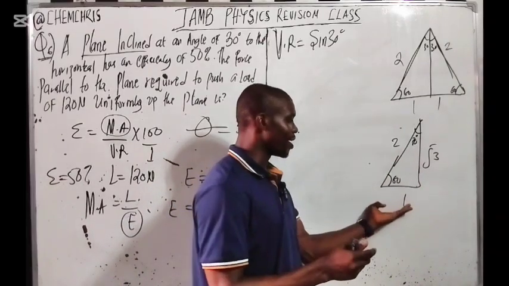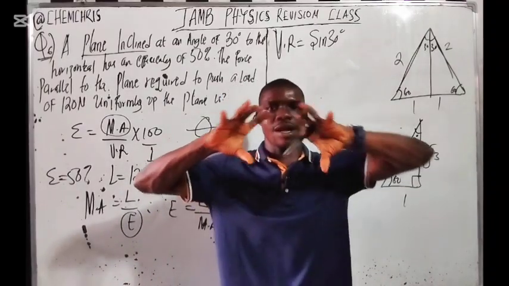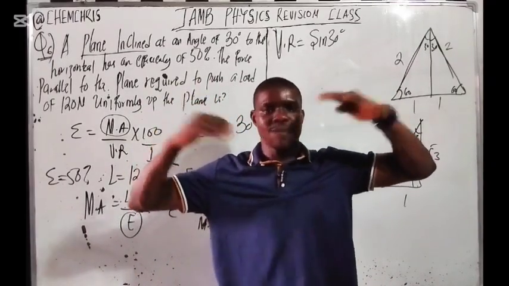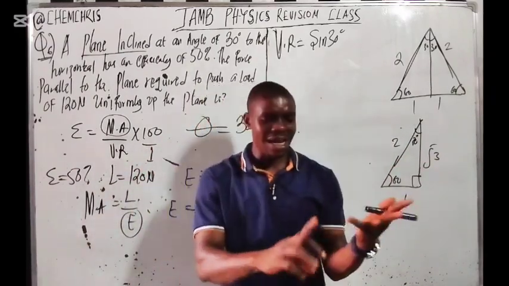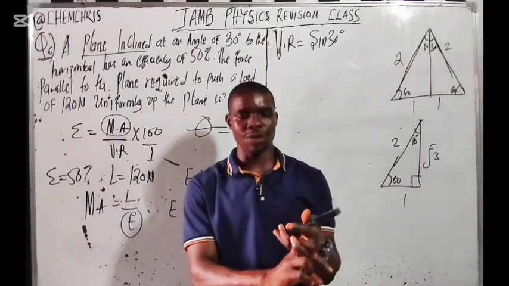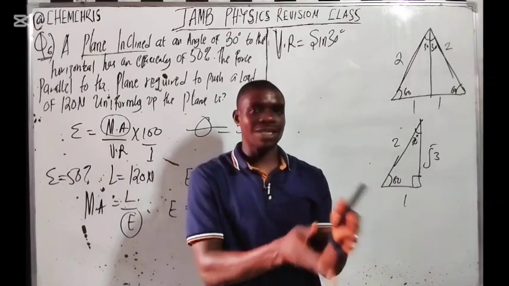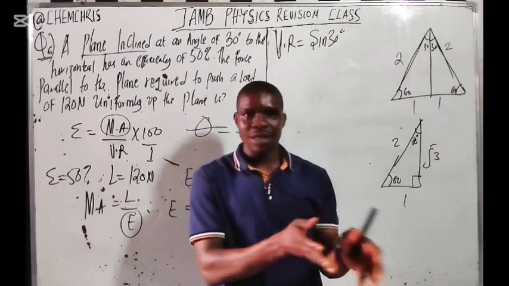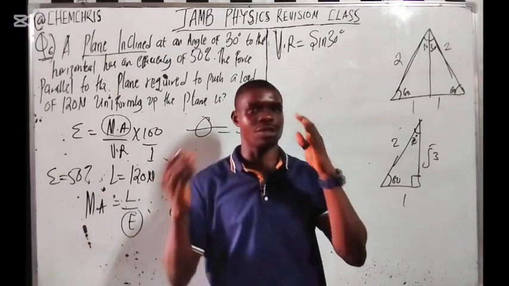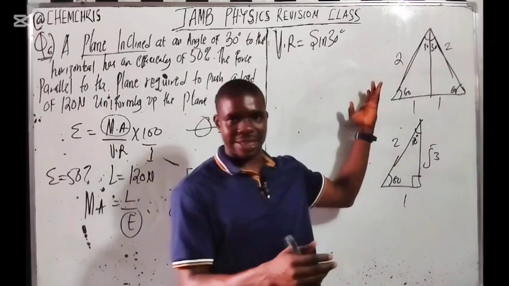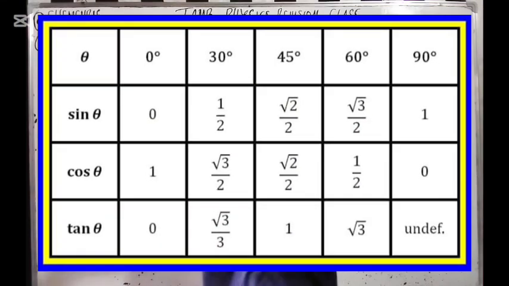Go and check my video on trigonometry, or you see a picture that explains all the special angles. You don't need to cram it, but you need to understand angle 60, angle 45, and angle 30. What is sine theta, cos theta, what is cos 45, sine 45, and what's tan 45. You need to know those things, because you may not have time to work them out in the exam. There will be a picture, so you just have to screenshot it, keep it and start using it.